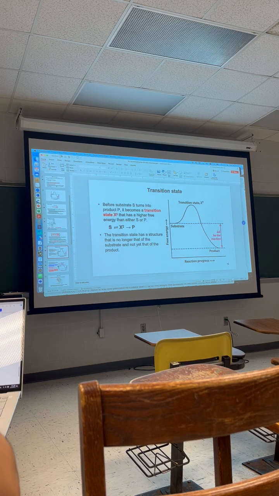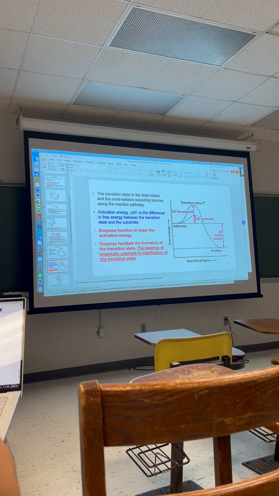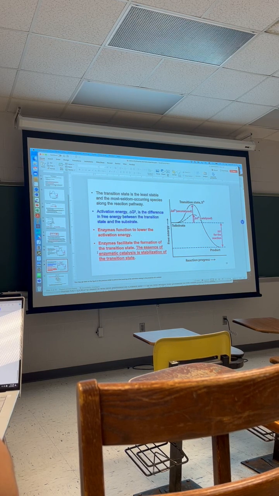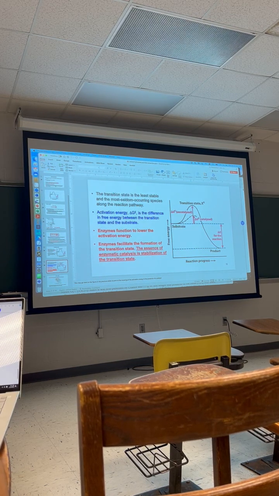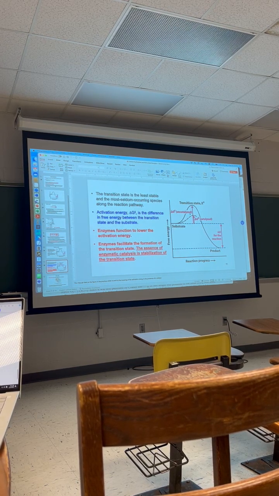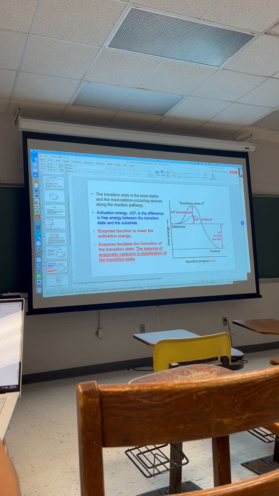So we also said that in the presence of an enzyme that will catalyze this chemical reaction, what the enzyme will do is lower the energy of the transition state, or lower the activation energy. What is the definition of activation energy?